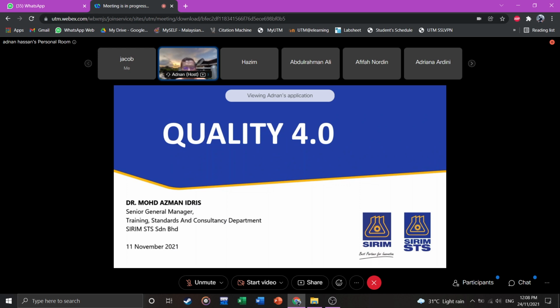Apa itu Industry 4.0? Integration internet. Okay, maknanya internet digunakan di dalam manufacturing. So, or sometimes we call it smart manufacturing. Okay, pernah dengar kan smart manufacturing? Smart manufacturing. Okay.